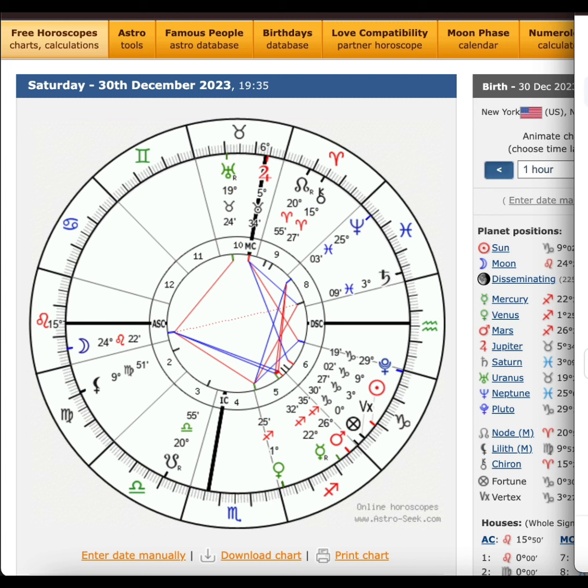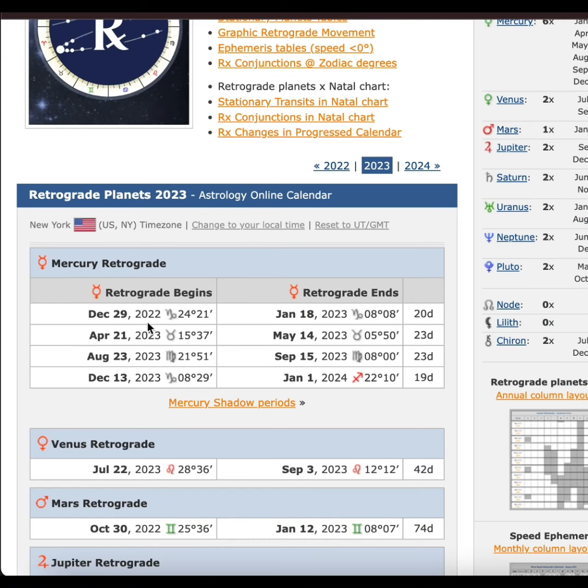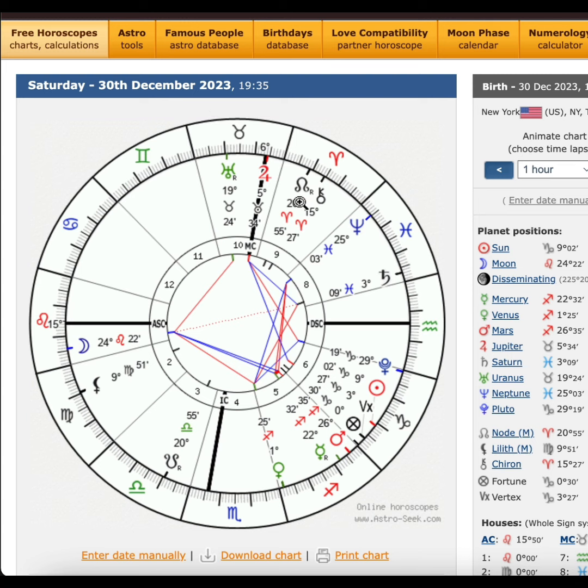Another retrograde that I want to let you know about is Mercury retrograde. One will be happening April 21st to May 14th, and then again August 23rd to September 15th. So the first retrograde will be happening around this timeline, and it's going to be happening 10 signs away from you.